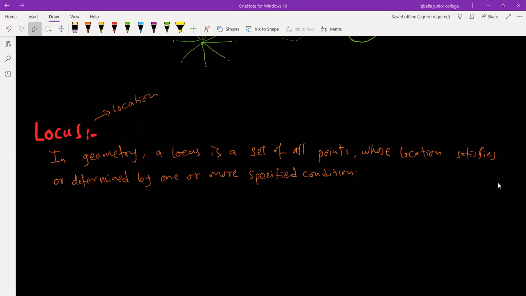So I believe everyone has understood what the locus is. Okay.